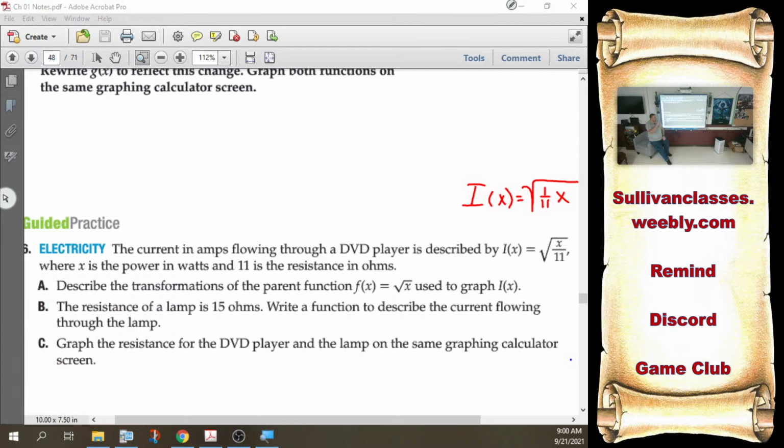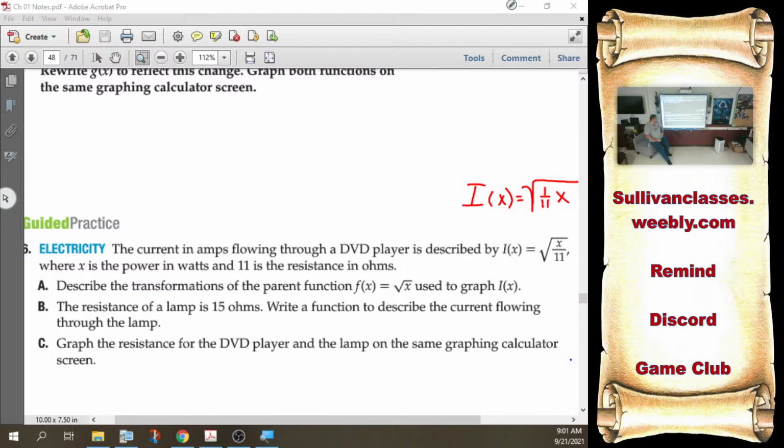I'm taking my input and multiplying it by 1/11th. If I cut my input by 11, doesn't that mean that it takes 11 times longer to get where I'm going? Okay. So, your transformations. Horizontal stretch by factor of 11.